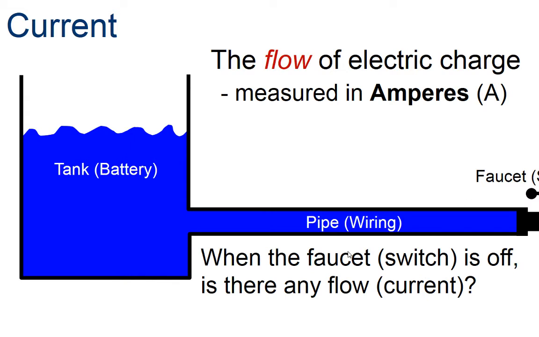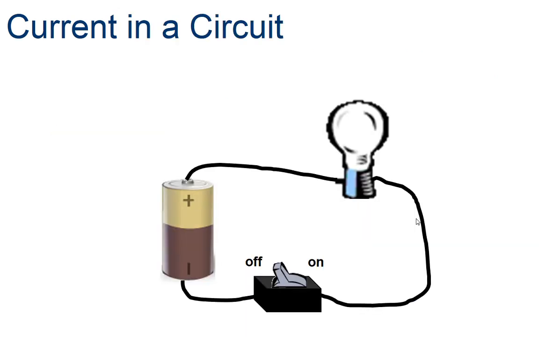The question is, when the faucet is off, is there any flow? There is no flow of water, and just like an electrical circuit, if the light switch is off, there's no flow of electrical current. But if you turn the switch on, the faucet or our electrical switch, now the current starts to flow, and that is also true with electricity.